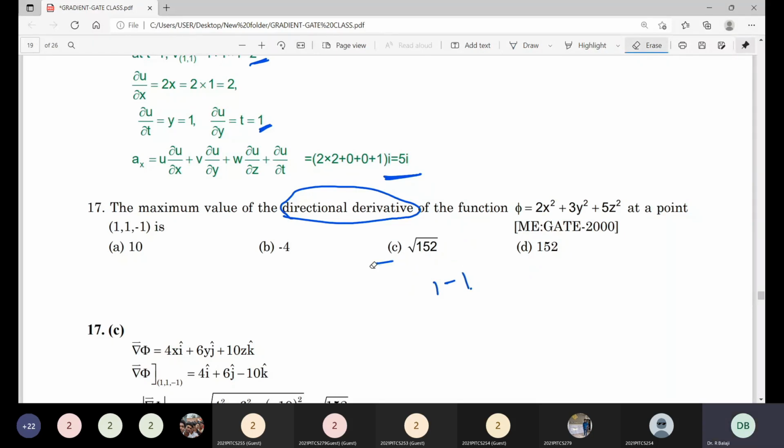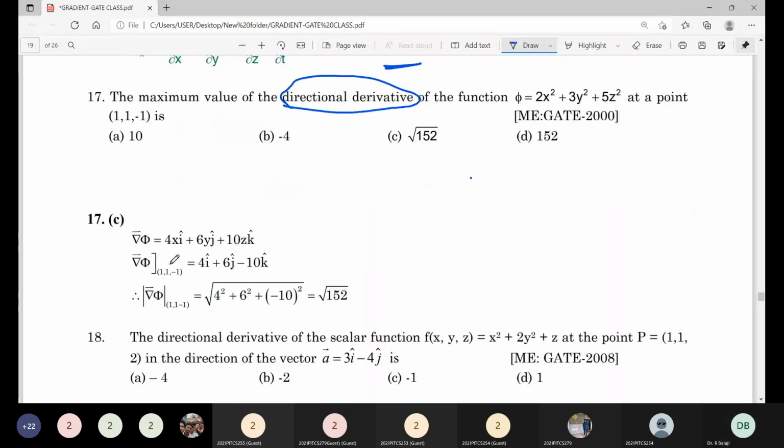Right. Now listen. Here phi is given as 2x square plus 3y square plus 5z square at the point (1, 1, -1). Therefore del phi is equal to 4x i vector plus 6y j vector plus 10z k vector.